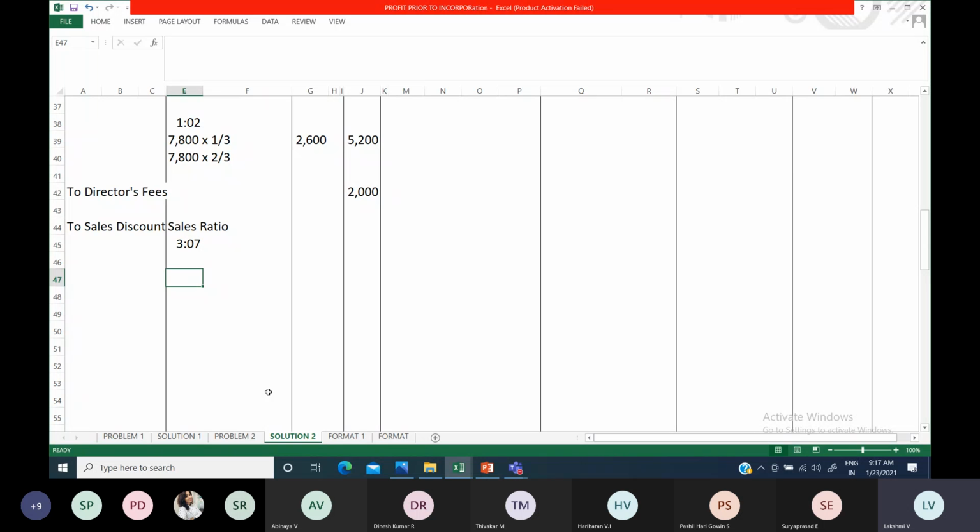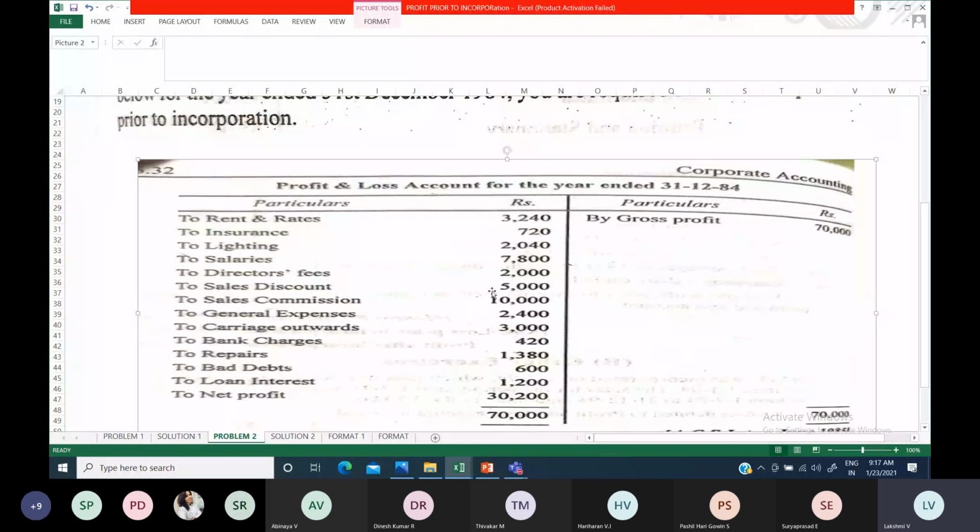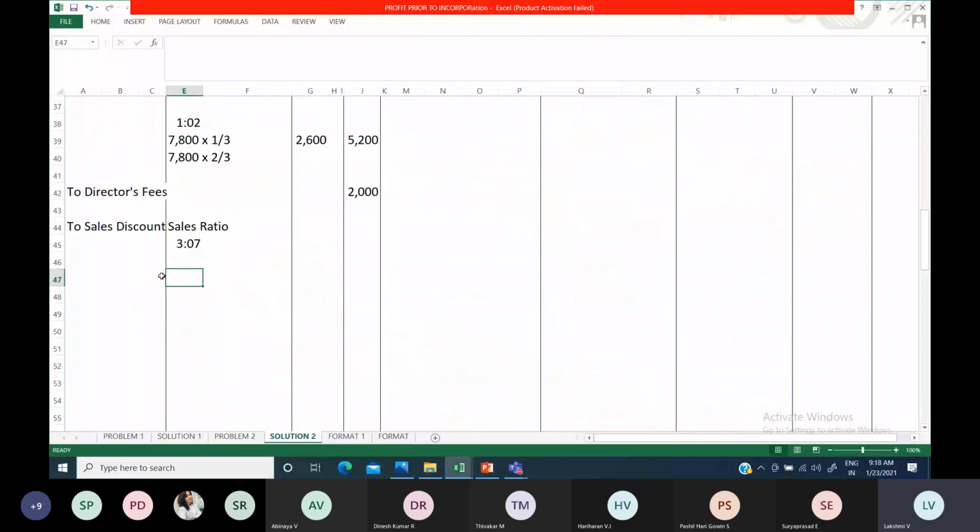And then the amount: sales discount is 5,000. So 5,000 into 3 divided by 10, you fill it out here under the pre-column. Similarly, 5,000 into 7 divided by 10.